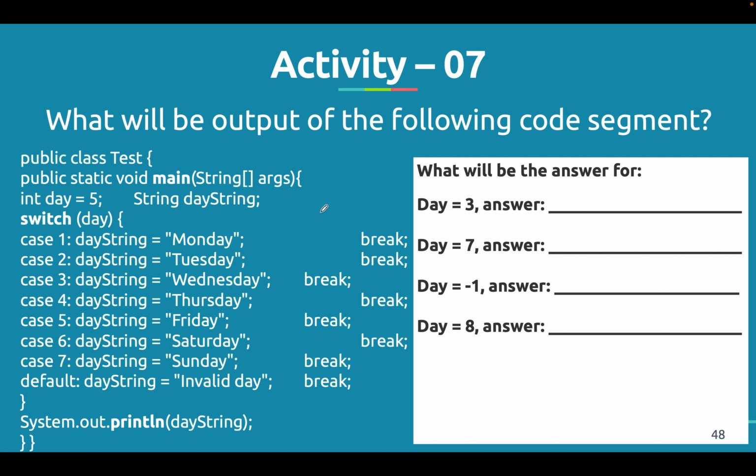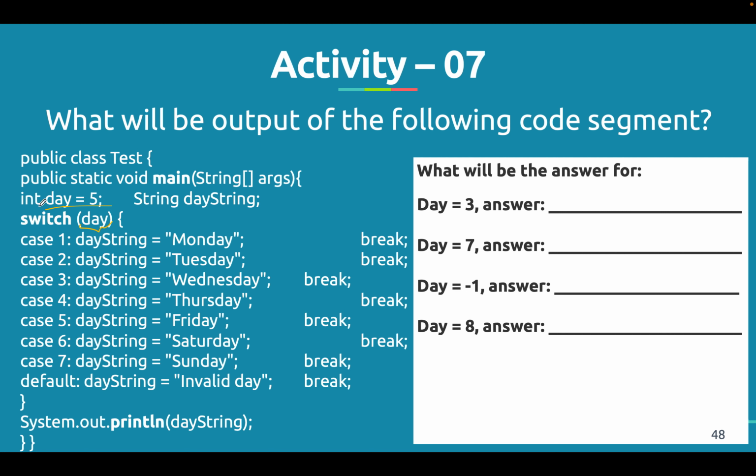So here we have an example. I encourage you to pause the video and try to find the results. Here we have an integer, which is day 5, and then we have the switch statement with the day variable, which should be an integer.